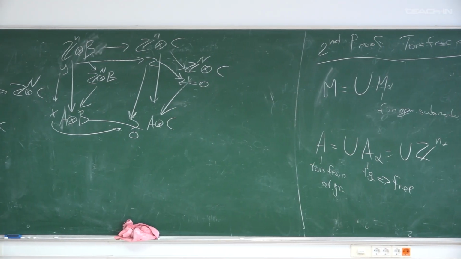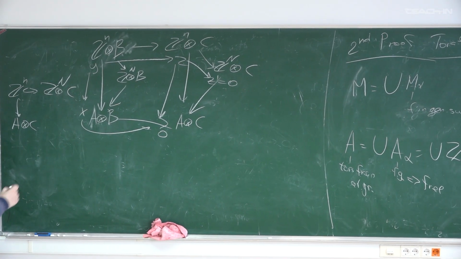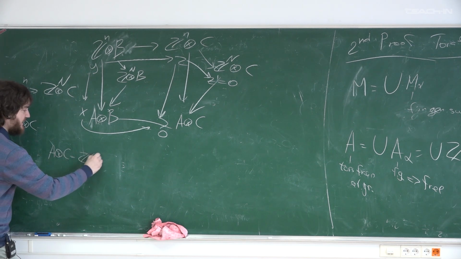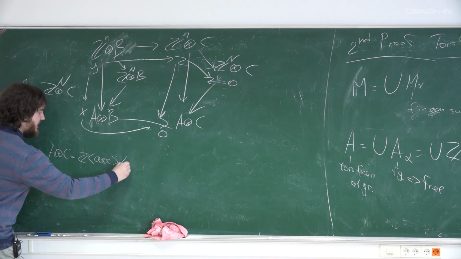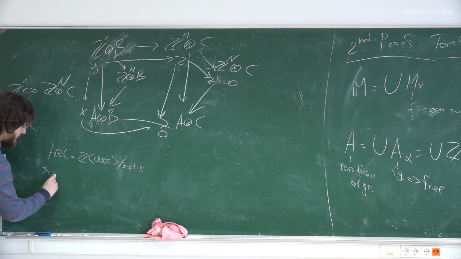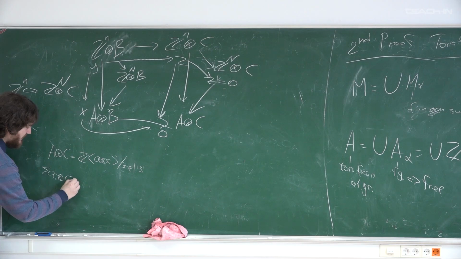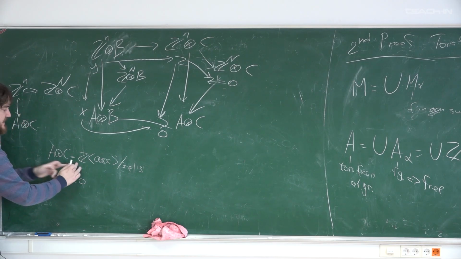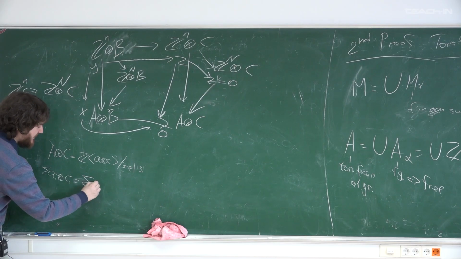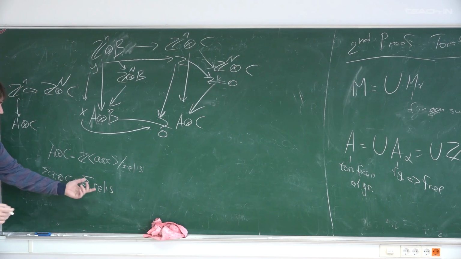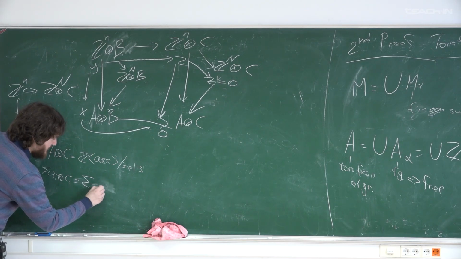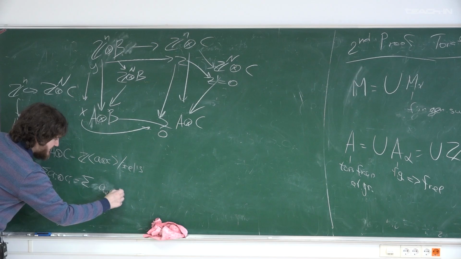Can you repeat everything once again? The tensor product A tensor C is the free abelian group generated by these elements, modulo relations. So if I have some element A tensor C_i, it's 0 in this tensor product. This means that in this free abelian group, it's not 0, it's a sum of relations. And these relations are some tensor products with some coefficients of some A alpha, C alpha.